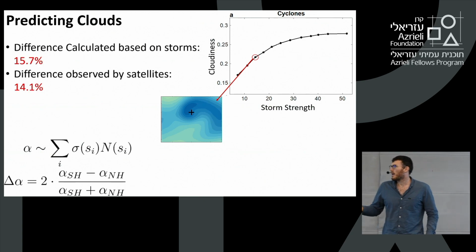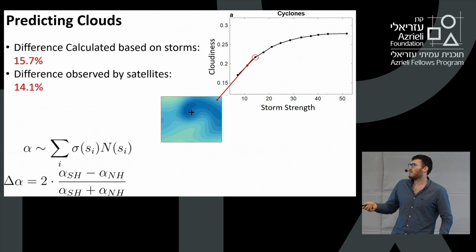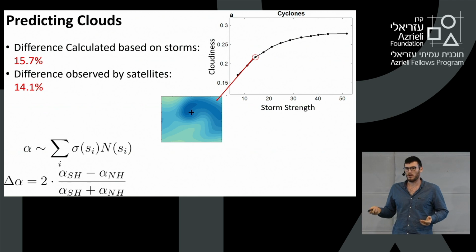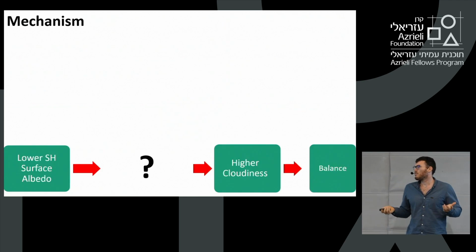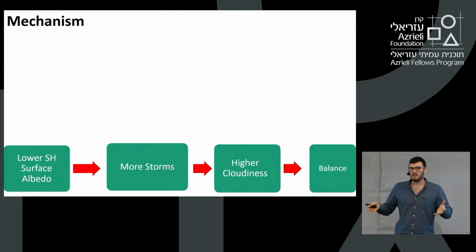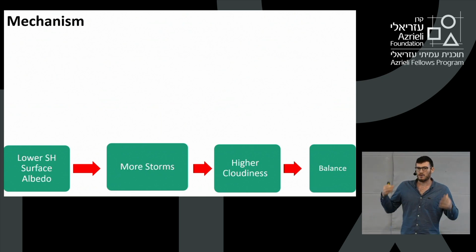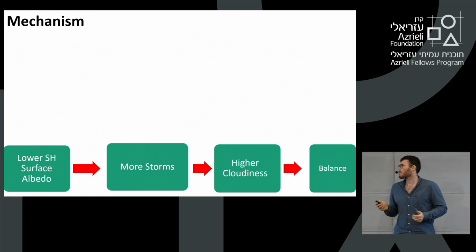And we found a calculated difference of 15.7%, which is almost the difference that is actually observed by satellite, which is 14.1%. And this proves that storm activity is the thing that connects the missing links that we looked for, the connection between the surface albedo and the clouds.